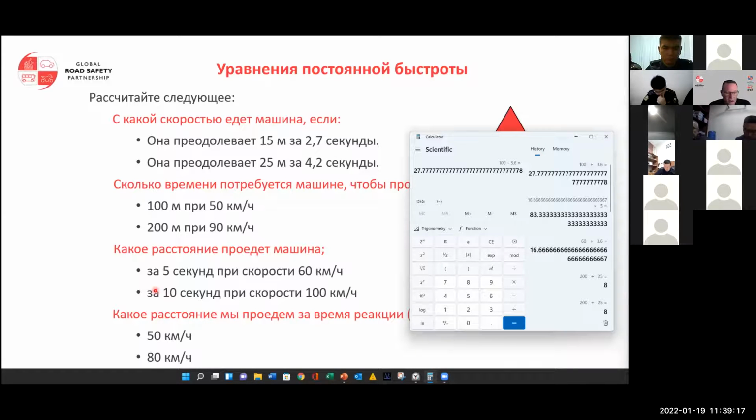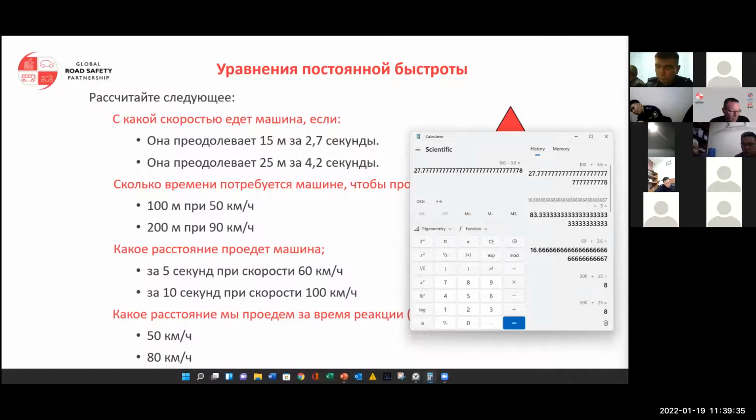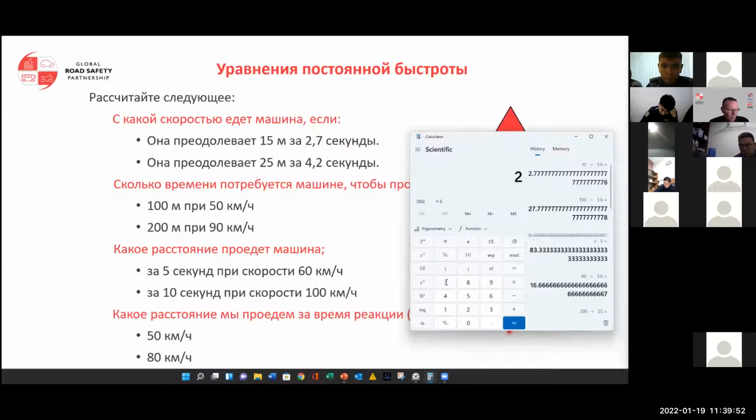Our question is how many meters will we travel in 10 seconds at that velocity? So once again, distance is velocity times time. We have our velocity of 27.78 times 10 equals 277.8 meters. Sorry, my mouse is really causing me trouble.